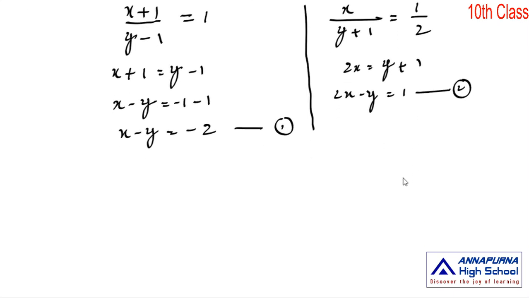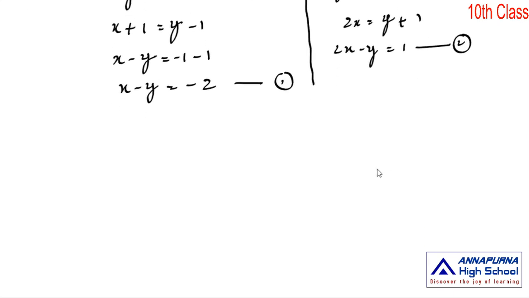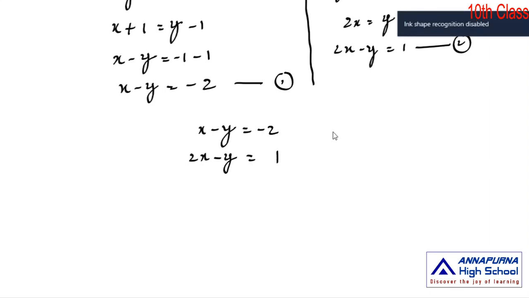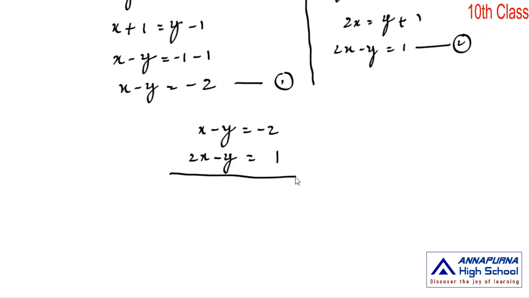Now solve these two equations by the elimination method. Okay, so first we write the two equations one by one. x minus y is equal to minus 2 and 2x minus y is equal to 1. And what is the first step in the elimination method? We eliminate any one variable out of the two variables, and observe the equations.